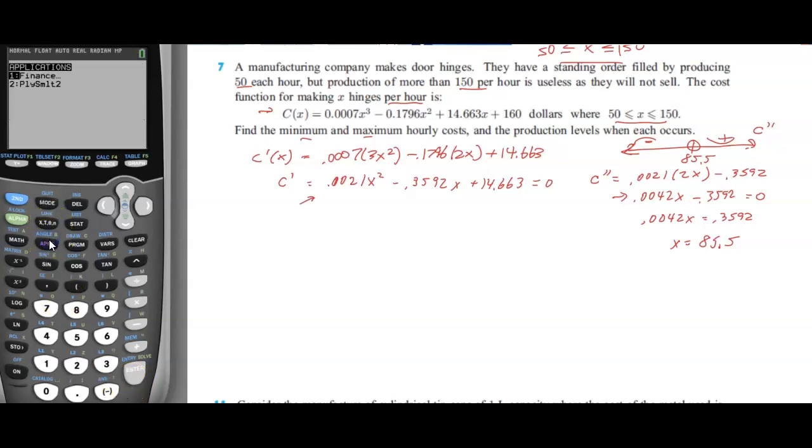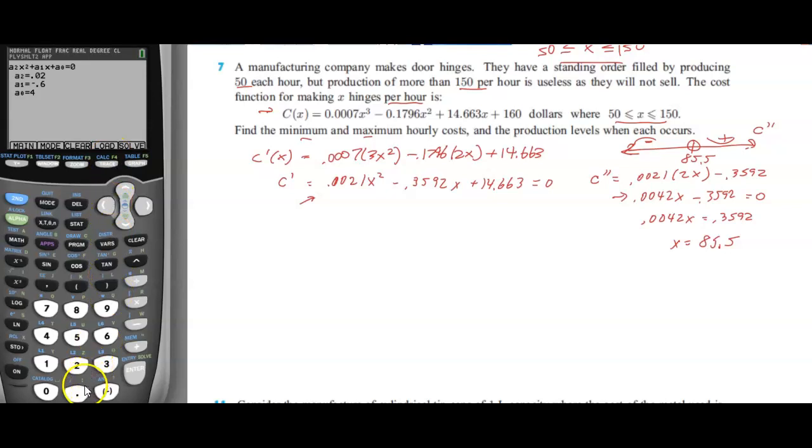Of course, we're going to use the quadratic formula, but instead of using the quadratic formula, why don't we just use poly-SMLT? We're just going to type in order 2, next.